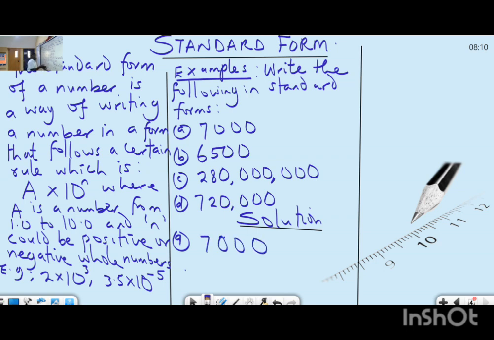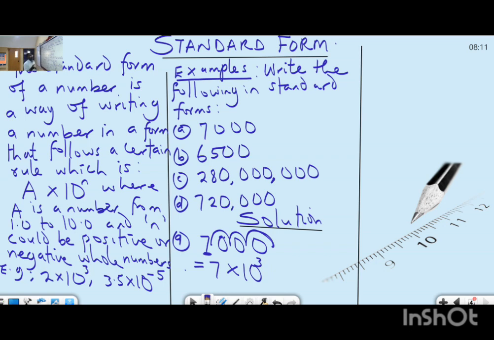To express this in scientific notation, you start from the back of the number and count to the left, stopping before the first significant figure, which is 7. We count 1, 2, 3, and we stop. So this is 7 times 10 raised to the power of 3. Why? Because we moved 3 times to the left, so our power is positive.